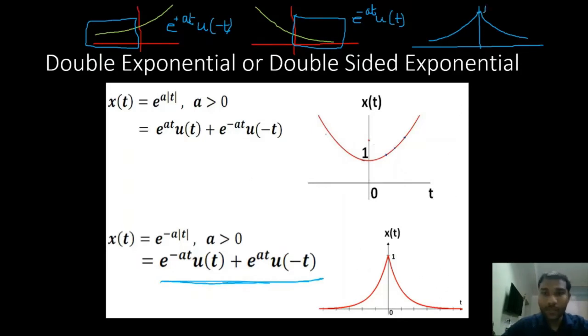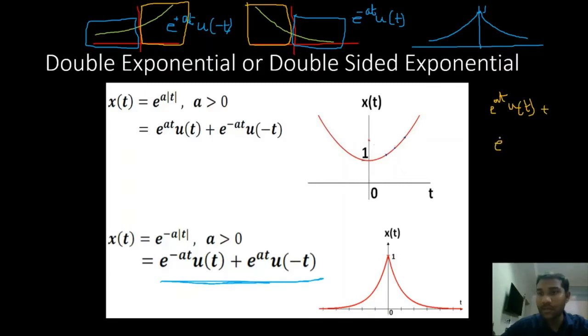Now, the other form of double exponential signal is we will consider the right half of the rising exponential and left half of the decaying exponential, right? Right half of rising exponential, what is it? E power at. We want only the right half, so multiply with u of t, plus left half of decaying exponential.